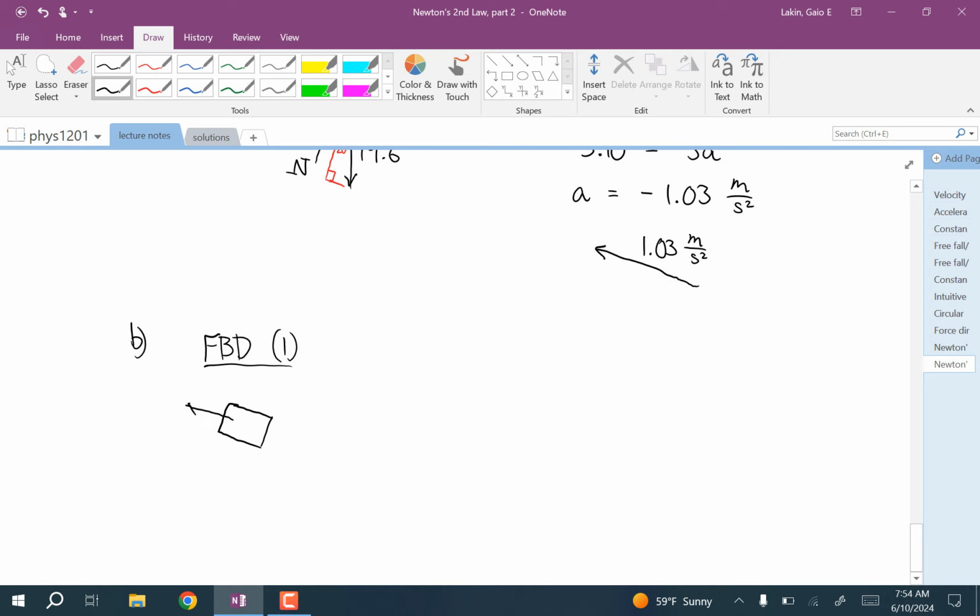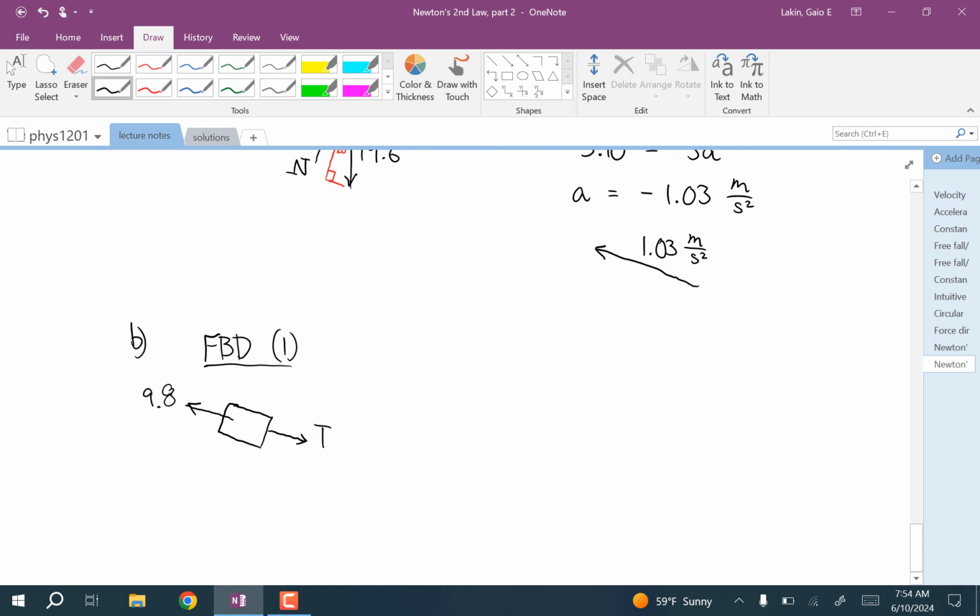There's a weight force acting of 9.8. There's a cable tension acting that way because that's a pulling force, and the rule for pulling force is parallel to the cable, away from the body. Our positive is down the ramp in the direction of that T.